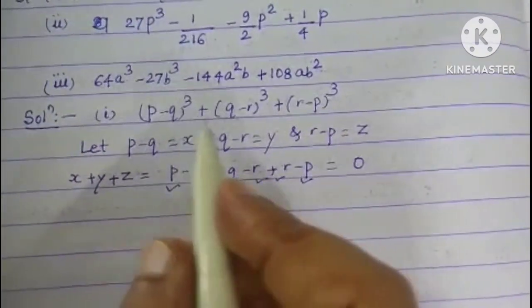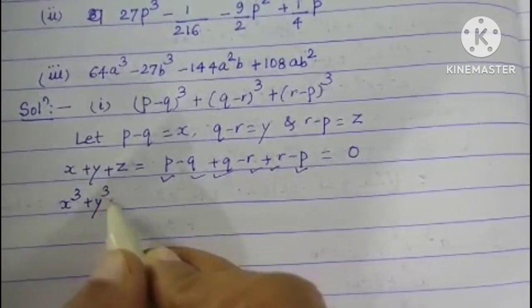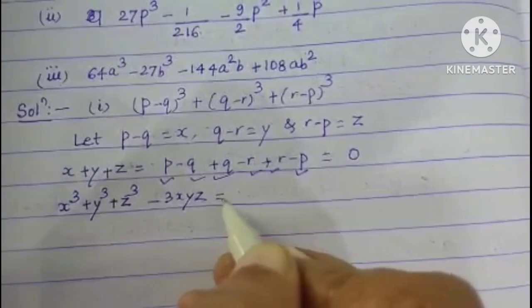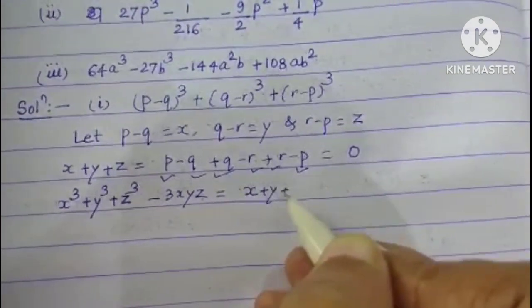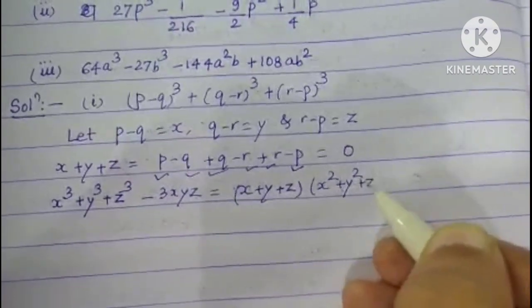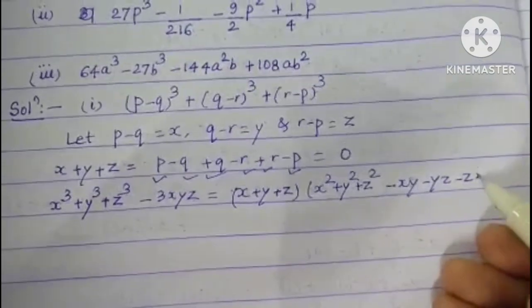Now this is in the form of x cube plus y cube plus z cube. So x cube plus y cube plus z cube minus 3xyz is equal to x plus y plus z times x square plus y square plus z square minus xy minus yz minus zx.